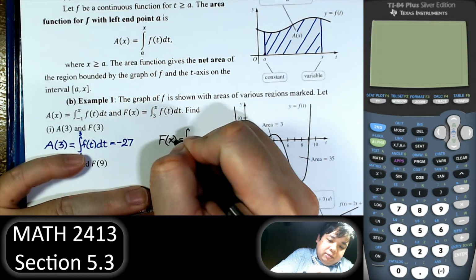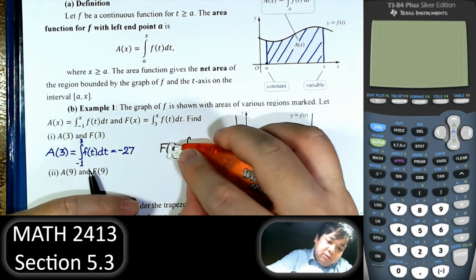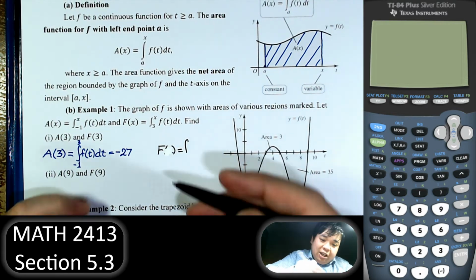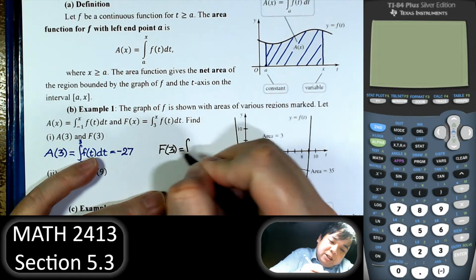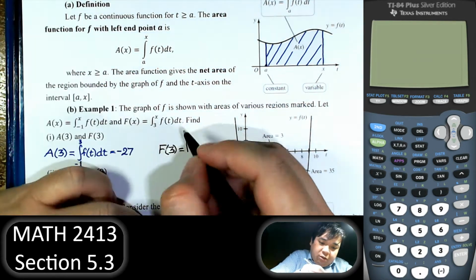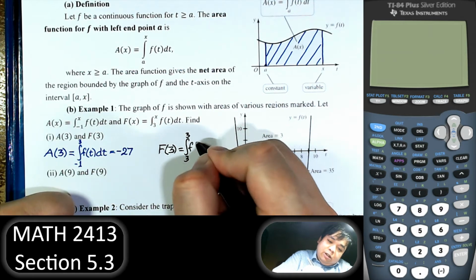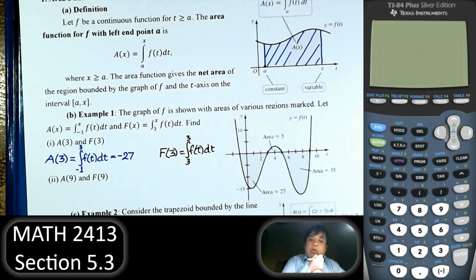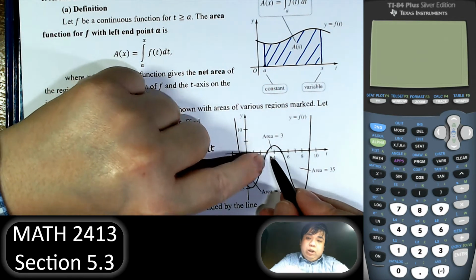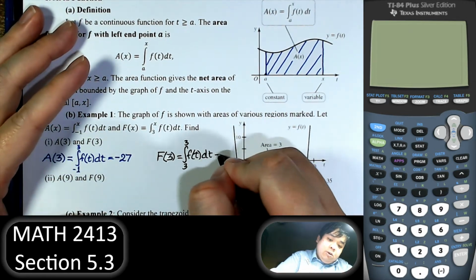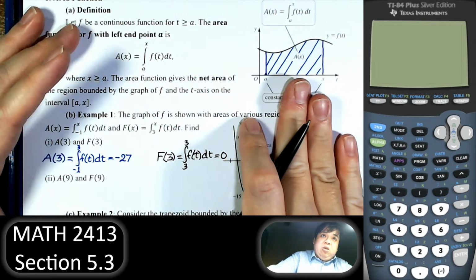So f of 3 meaning we're going to put 3 on the top. The bottom is still 3. Now we don't even need to look at the graph because this integral, the limits are the same. So from 3 to 3, the width is equal to 0. If the width is equal to 0, there's no area. Therefore, it is equal to 0. We don't even need the graph.